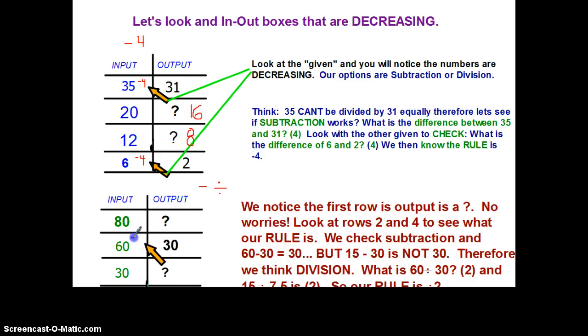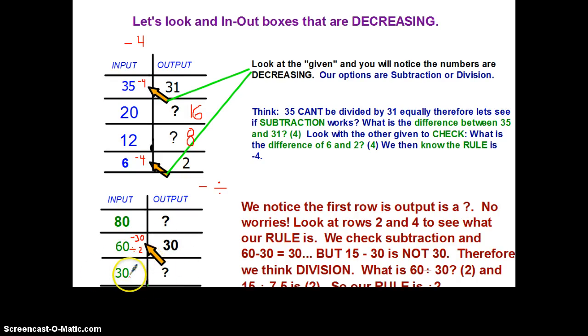If you said 60 minus 30 equals 30, very good. You're right. Let's try the division one too. 60 divided by what equals 30? If you thought divide by 2, you're correct. 60 divided by 2, or divided in half, is 30.